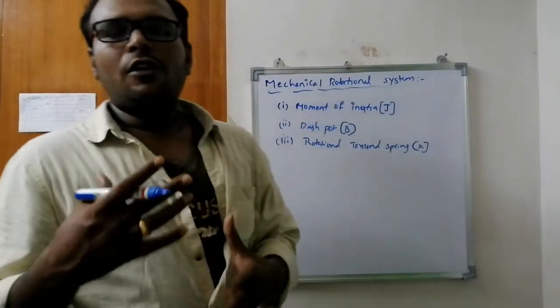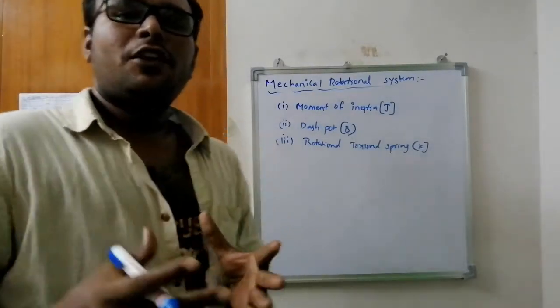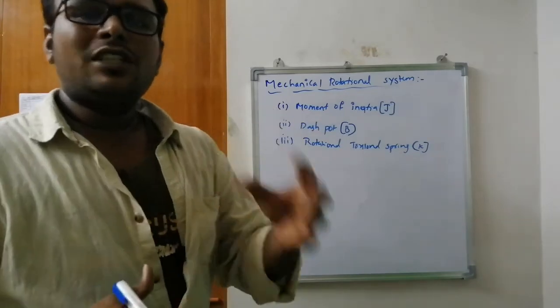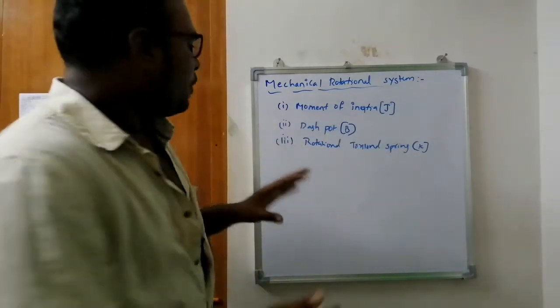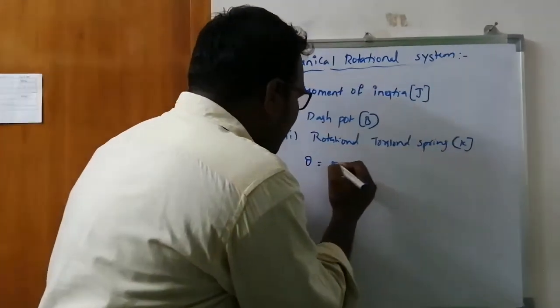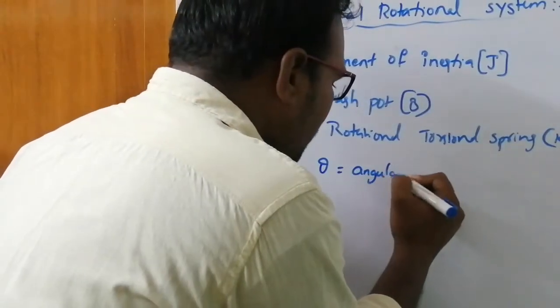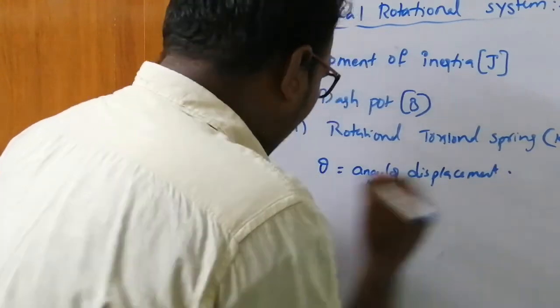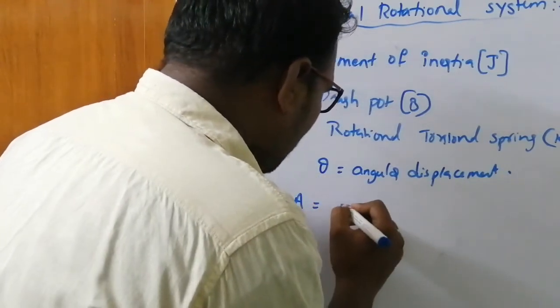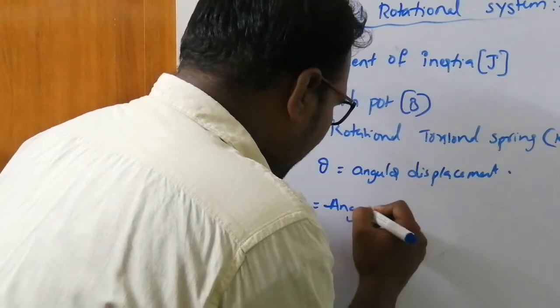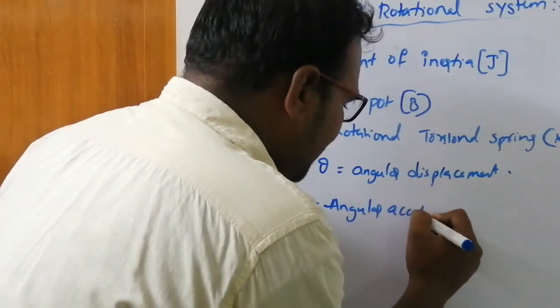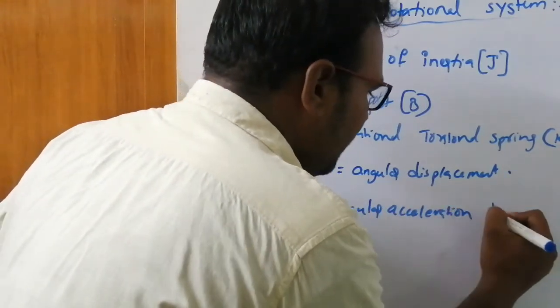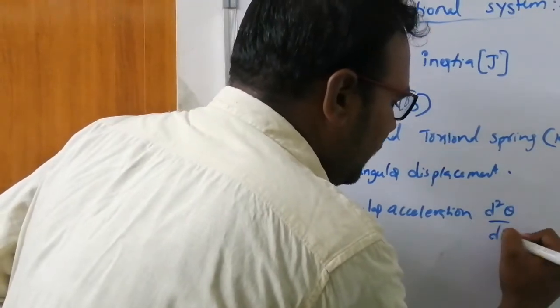Coming to the list of symbols or elements used in this mechanical rotational system: first one is theta, which is the angular displacement. Then acceleration, angular acceleration, which is d square theta by dt square.